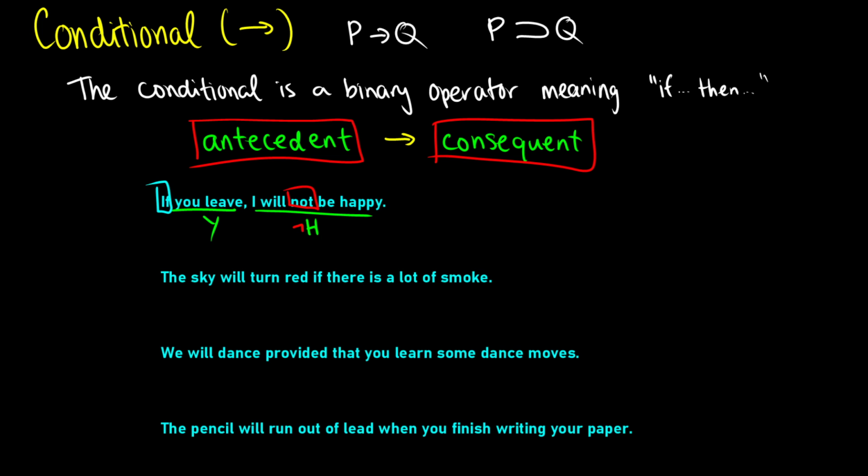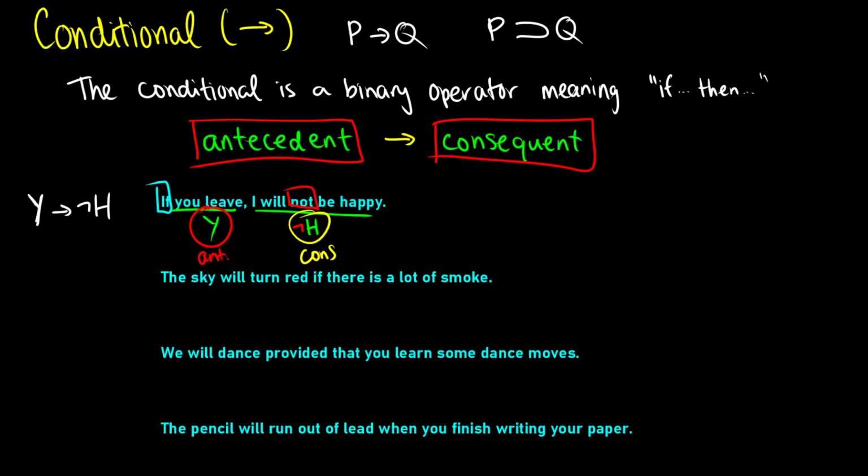So if you leave, this means that this Y is the antecedent. So that's the condition. And then I will not be happy. That means that this not H is the consequent. So this is what happens if you leave. So that means that we can translate this as if Y, then not H. So if you leave, then I will not be happy.